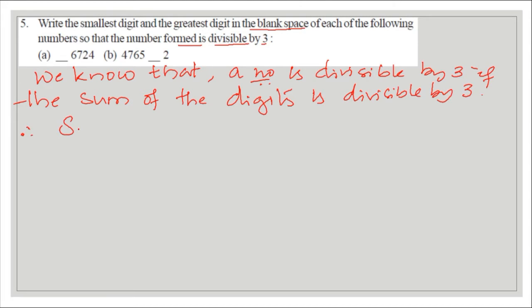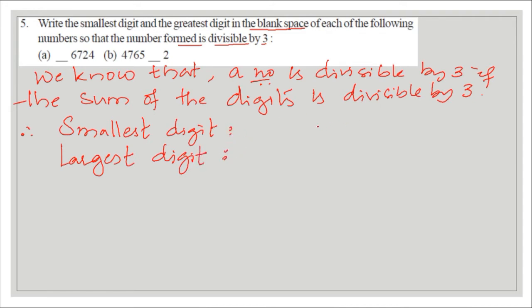Therefore, I have to find the smallest digit and also the largest digit. Here, the number is 6724. I need to add 4 plus 2 plus 7 plus 6 plus this number.